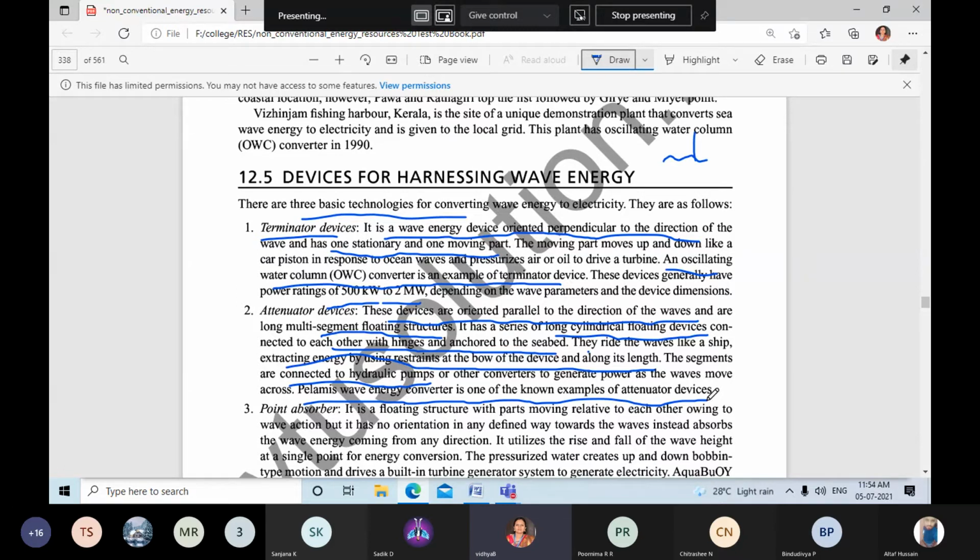In these three points you remember: one is parallel to the direction of the wave, it is a long multi-segment floating structure, and it is connected to hydraulic pumps or other converters to generate power. If you remember these three points and the example also, that's enough.